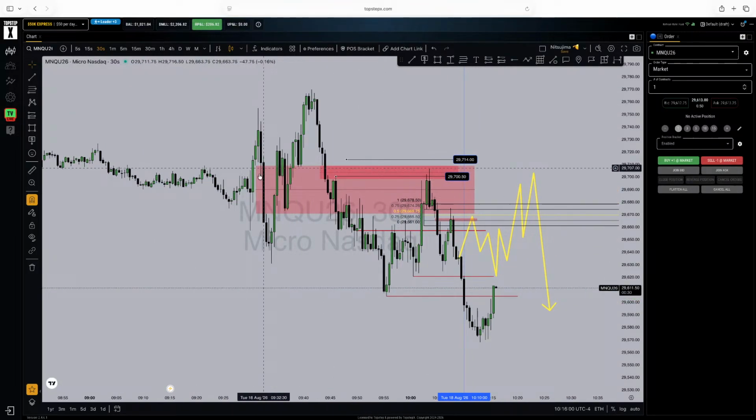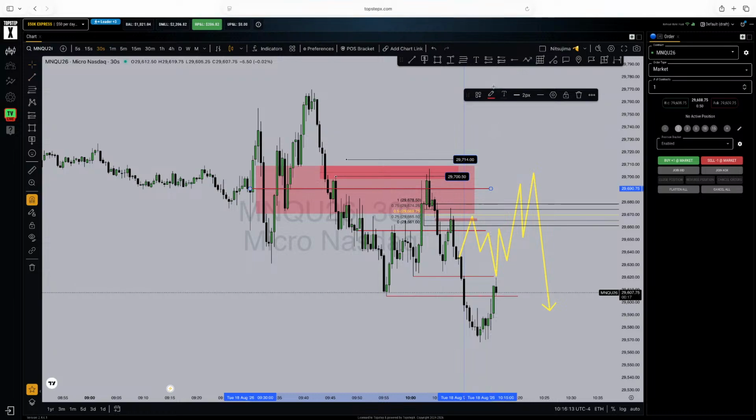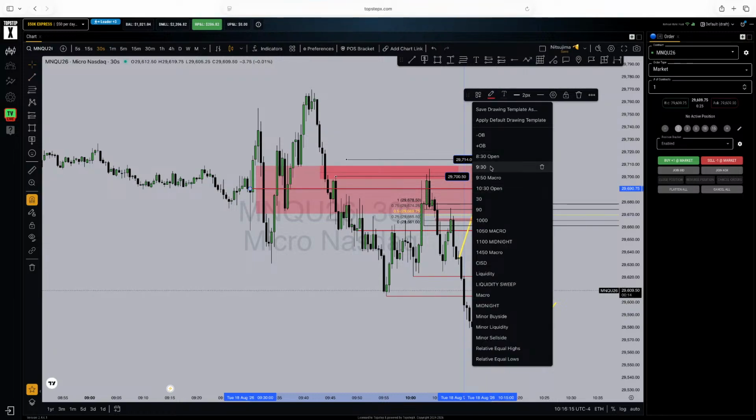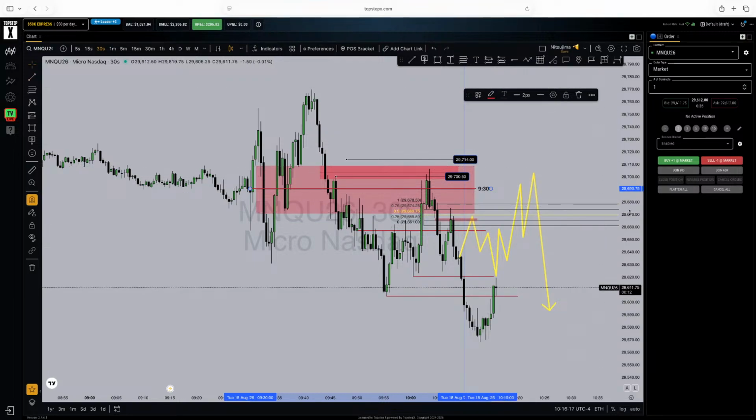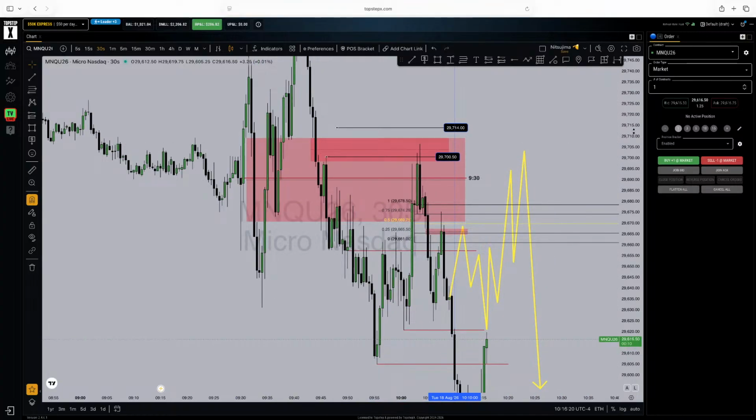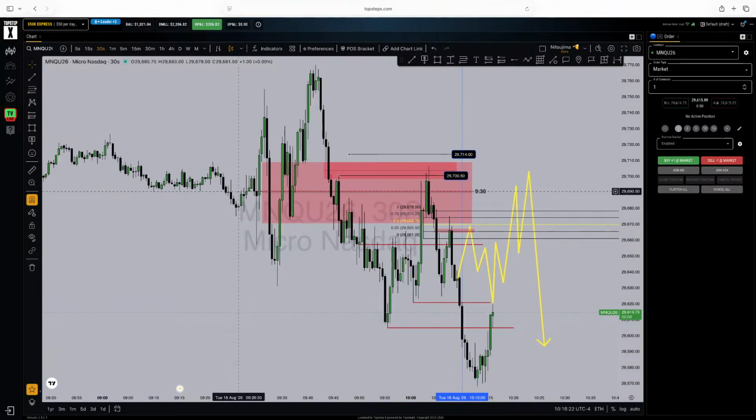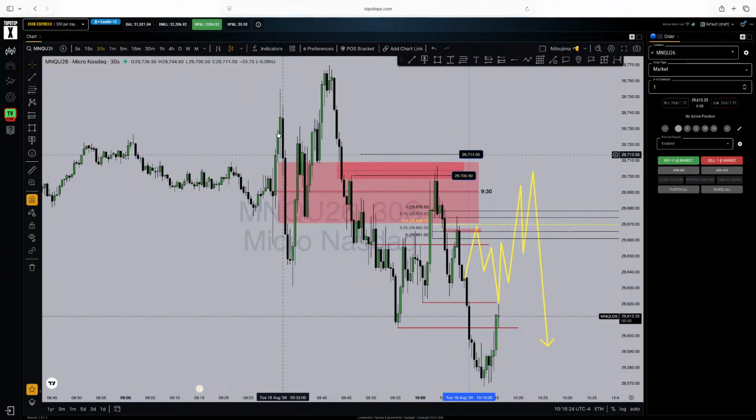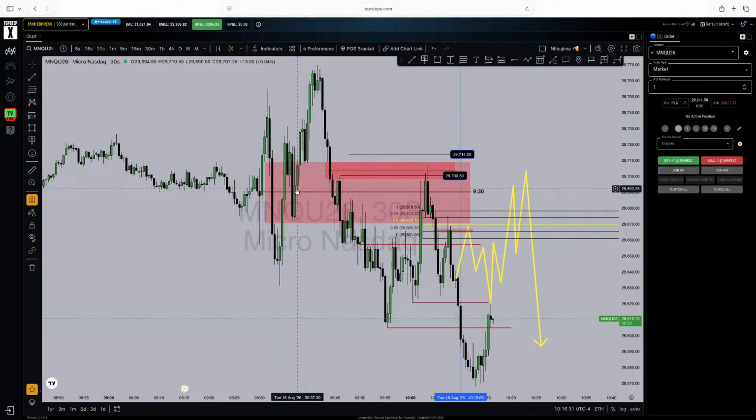Let's see, we went back, we covered all of that. There was the 9:30 open, right here. I'm pretty sure I drew this out earlier, but I must have deleted it. But anyway, 9:30 open was here. So we got sell side, buy side, sell side, and we're above the 9:30 open.